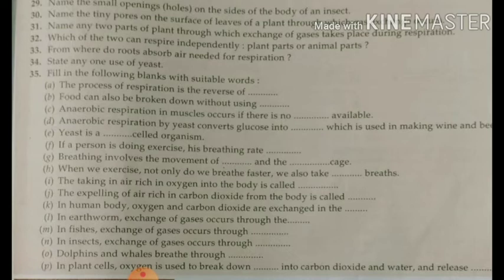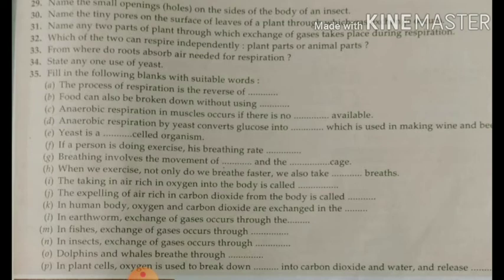Then J, the expelling of air rich in carbon dioxide from the body is called as exhalation. Okay? Now K, in human body, oxygen and carbon dioxide are exchanged in the lungs. Then L, in earthworm, exchange of gases occurs through the moist skin.